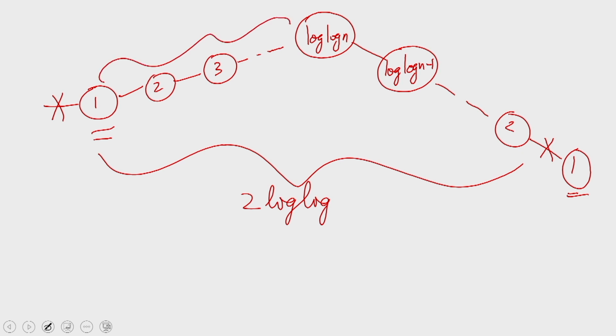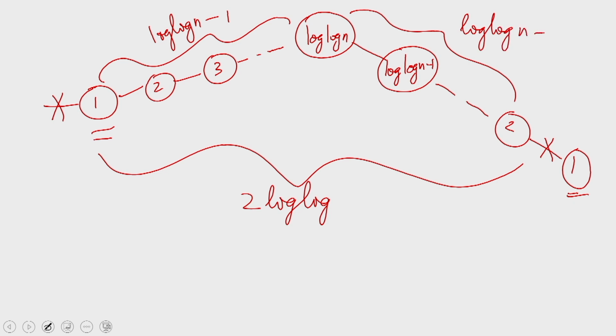This part is double log n minus 1, 1 to double log n the number of edges, and then here it is double log n minus 2 for a total of 2 double log n minus 3 edges, or 2 double log n minus 2 vertices.